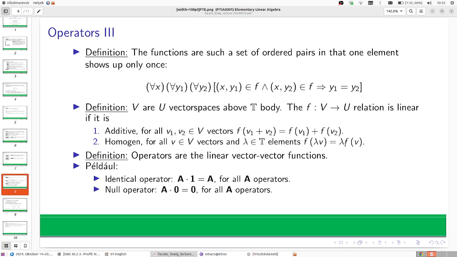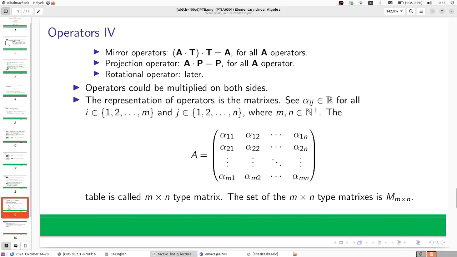Here you should be very careful, because I calculated the products on the right, but you can also calculate the products from the left, and the result is not the same. Now these are very weird objects. We had scalars, we had vectors, now we have operators. The scalars are scalars, that's fine. The operators are a bit more difficult.